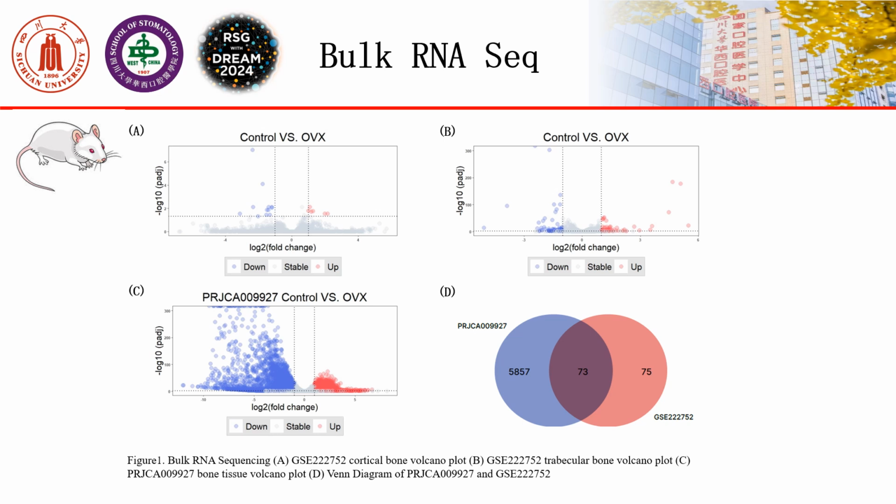They used femur head bone samples for sequencing, and in the GEO dataset, they separated cortical bone and trabecular bone into two results. In the Venn diagram, we combine those two results into one and compare it with the BioProject results, and we find there are 73 common differentially expressed genes.